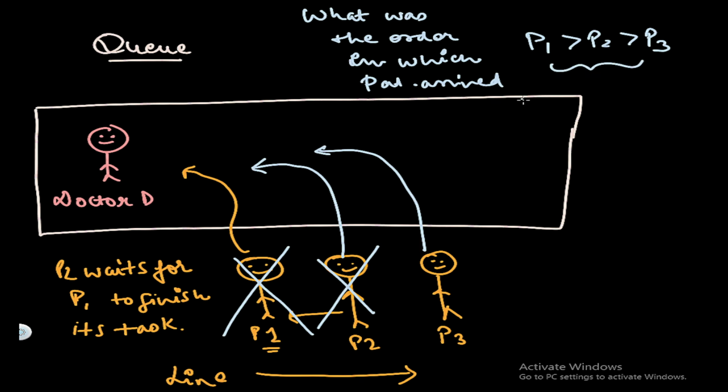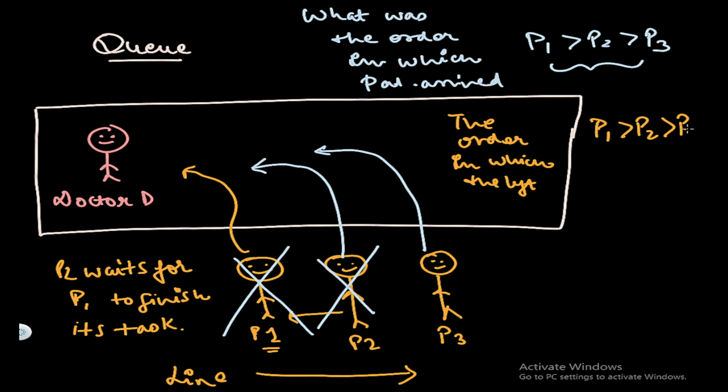And the order in which they left is also P1, P2, P3. That means firstly P1 left, then P2 left, then P3 left. So this is the order of the queue.